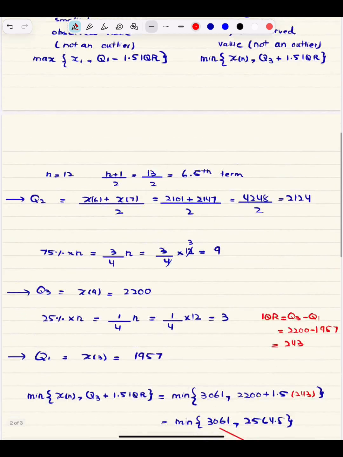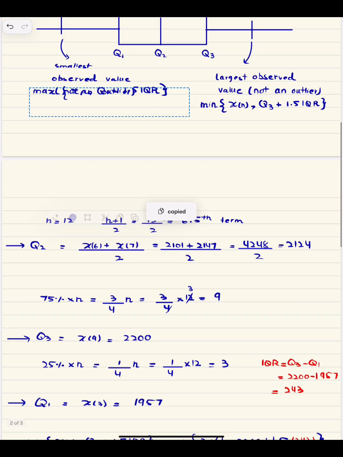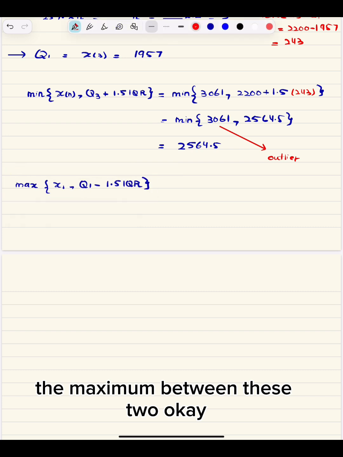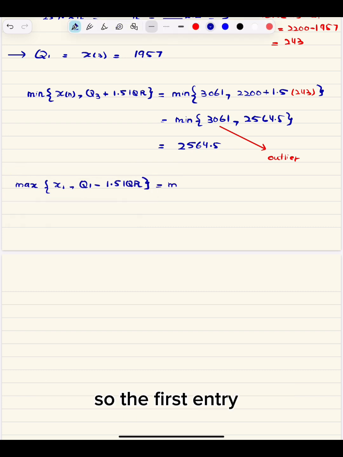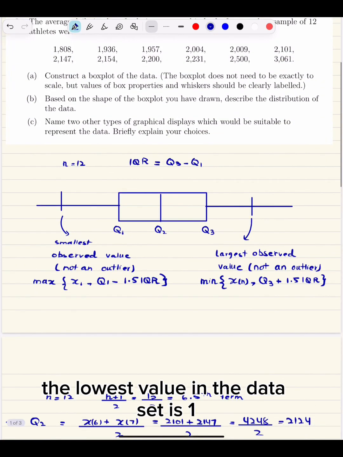Okay, next we need to find the maximum between these two. The first entry, the lowest value in the data set, is 1808.